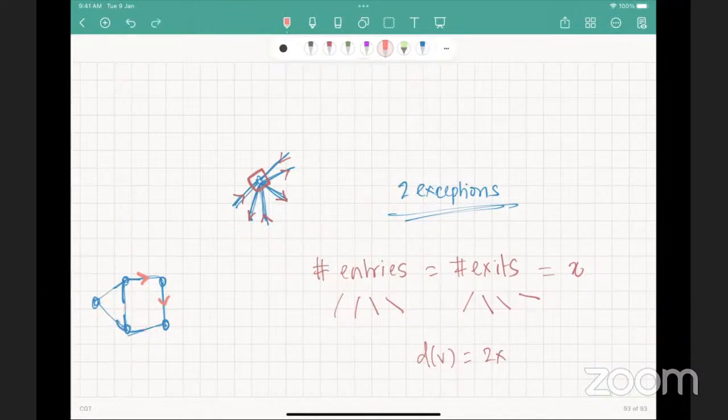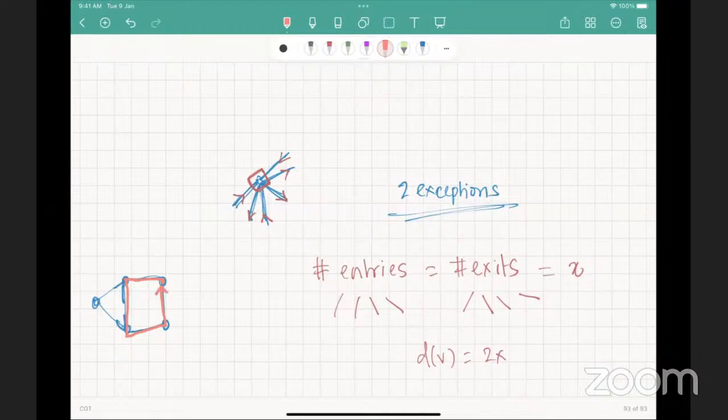But if the argument is just, start somewhere and keep going until you get stuck, then you might end up, for example, starting here and doing that and basically getting stuck without having completed an Euler tour, right?